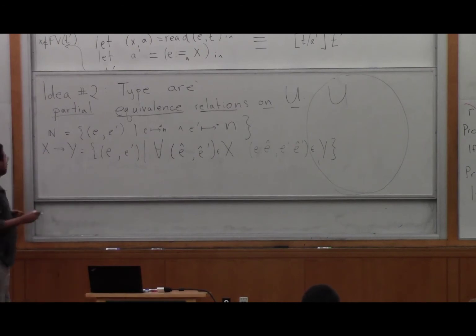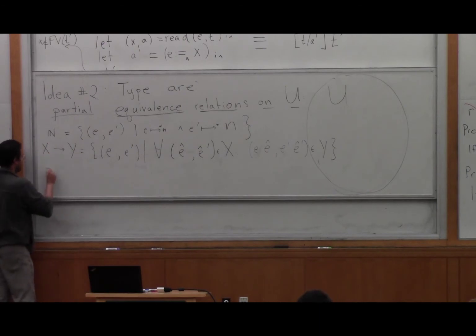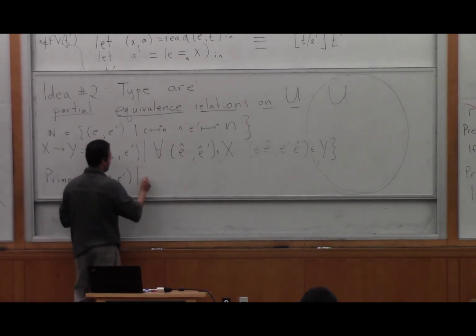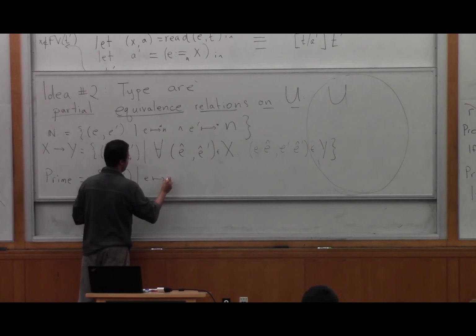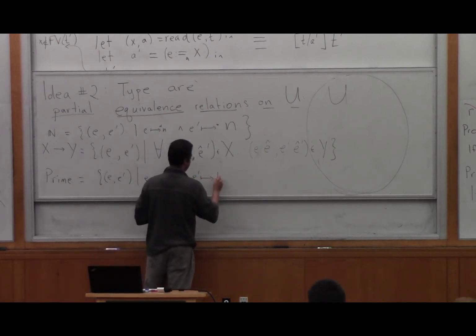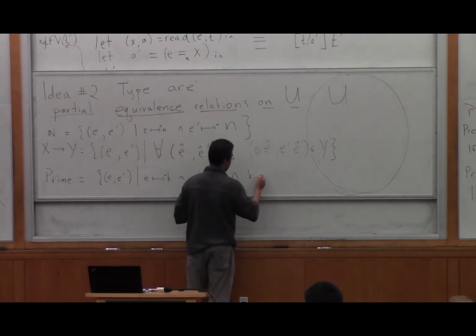There's actually nothing stopping us from saying, well, I'm going to define the semantic type prime, which are pairs E, E prime, where E reduces to some k, and E prime reduces to k, and k is prime.